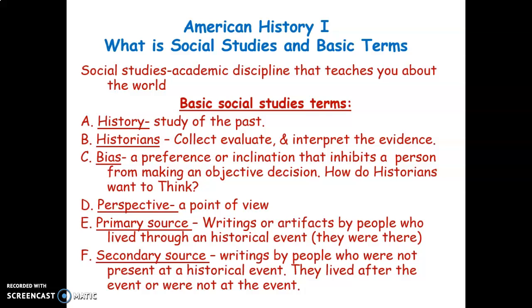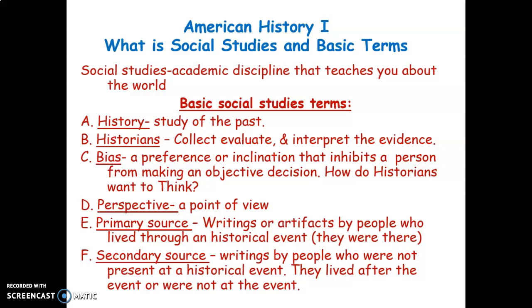or they recorded it on audio. A secondary source would be writings by people who were not present at the historical event, but they lived after the event, or they wrote about it through a primary source. This would be something like a biography, or a historical book where you gather different primary sources.